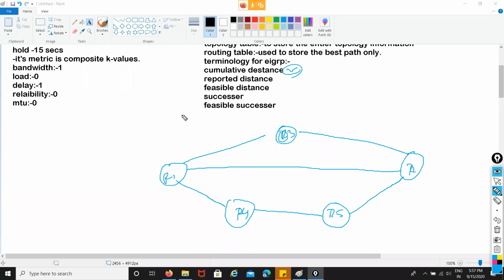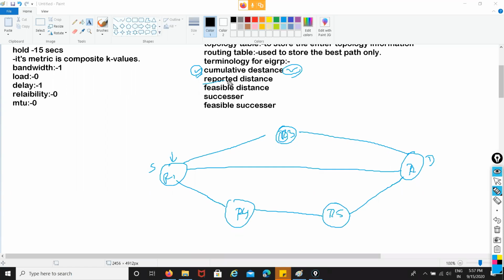Cumulative distance means R1 is my source and R2 is my destination, then all the possible paths available on R1 to reach the destination R2 are stored as the cumulative distance. If I want to share some information from R1 to R2, then three possible paths are available. So these three possible paths are named the cumulative distance.